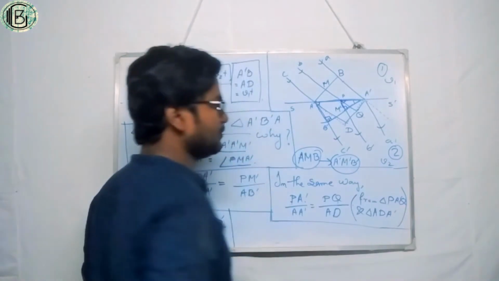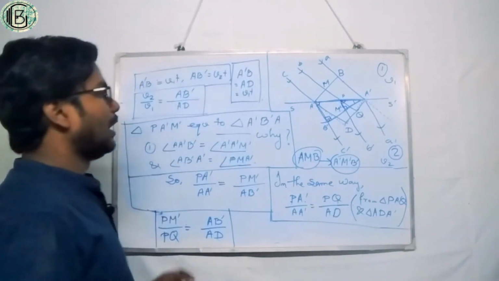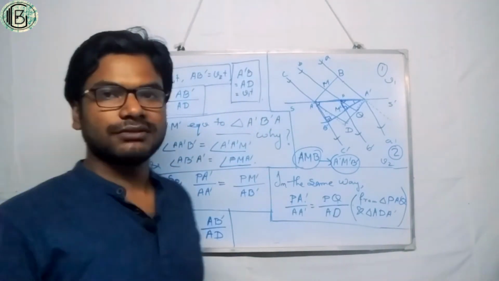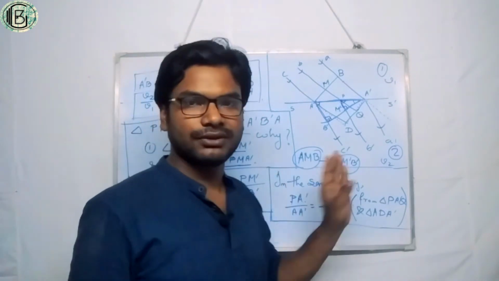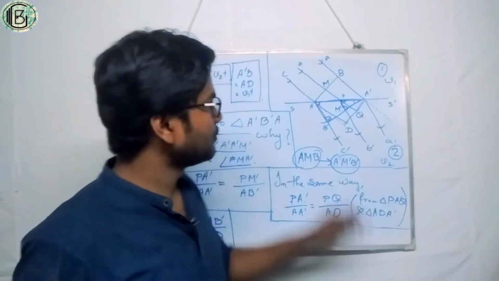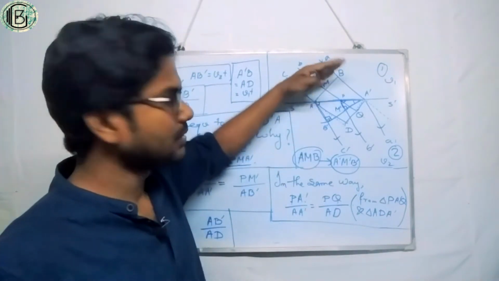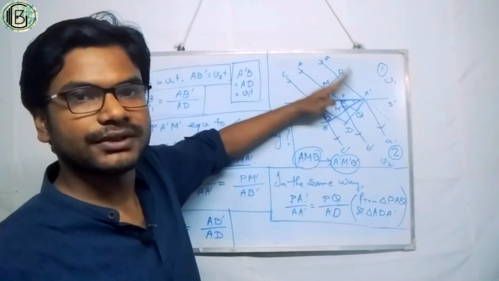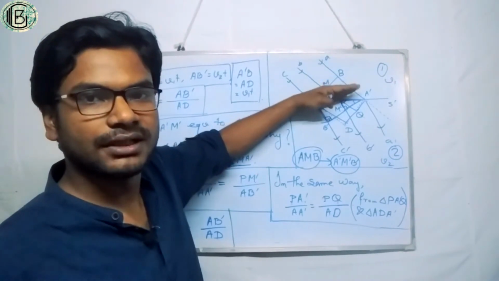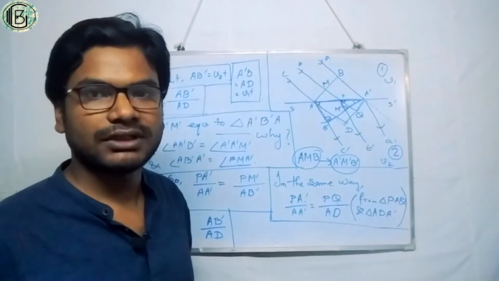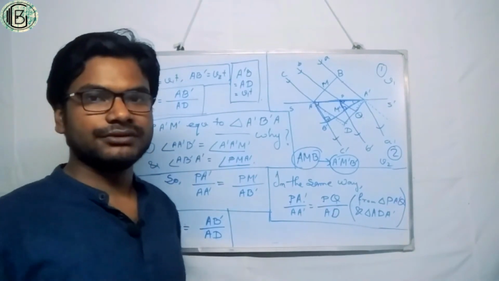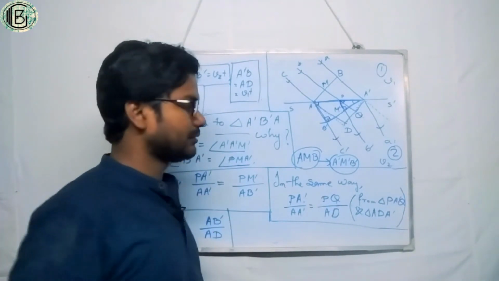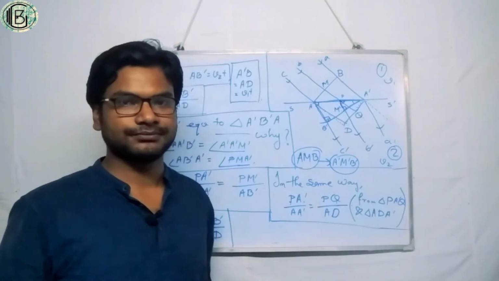So our target was the conversion of the wavefront. So we can see that these two wavefronts are actually converted. This is the incident wavefront and this is the refracted wavefront. So our target is fulfilled. Now we'll try to deduce the law, that means the law of refraction.